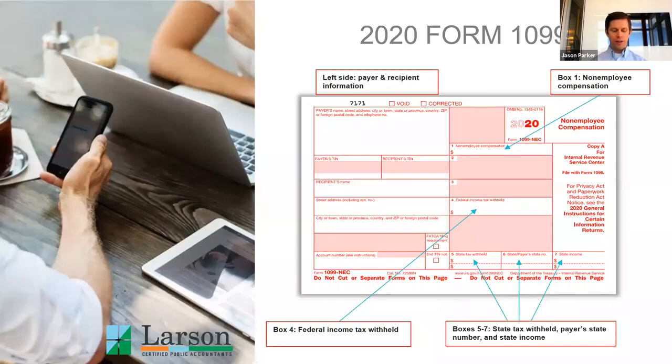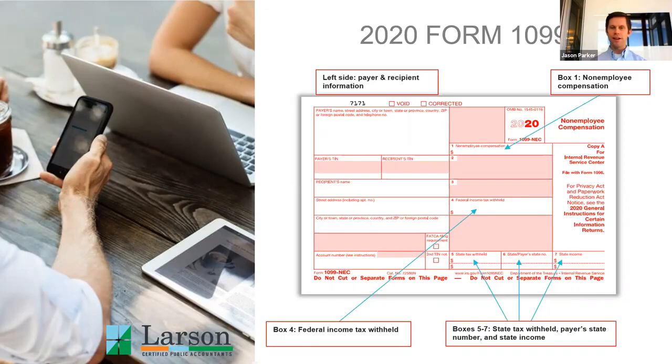And so the IRS revived an old form, Form 1099 NEC, which stands for non-employee compensation. I say revived, they used it back in 1982 and before that. And now they're using it again, and it's solely used to report non-employee compensation.